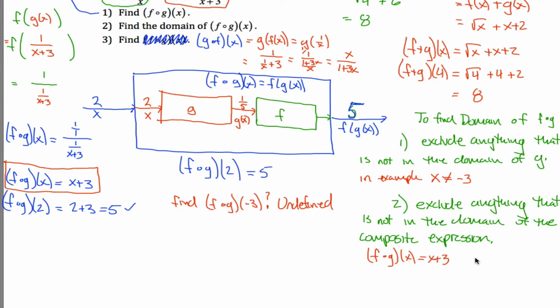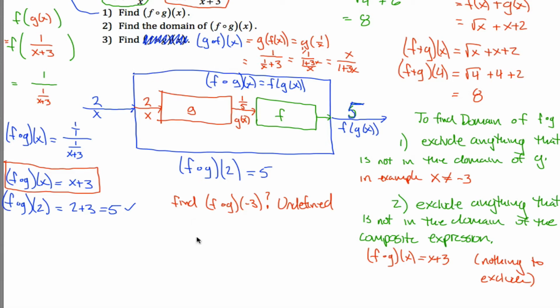And in this specific example, there's nothing to exclude. It's not always the case, but in this specific example, there's nothing to exclude. Because if you think about this as a machine, well, it will never divide by 0 because there's no division sign with an x in the denominator. And there's no square roots or fourth roots or even roots. So I don't have to worry about taking the square root of a negative number. There's nothing to exclude here.